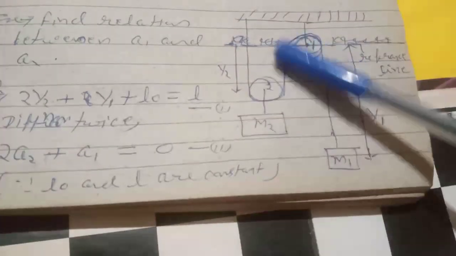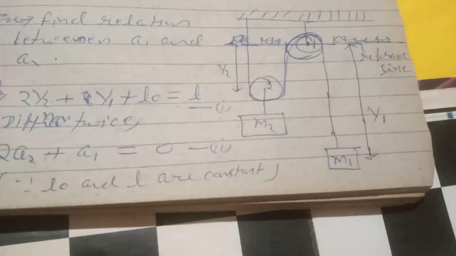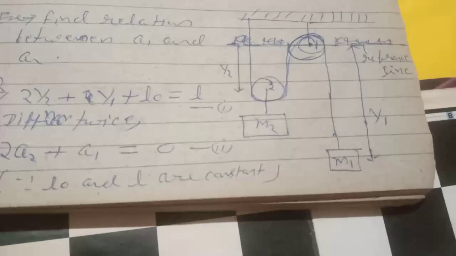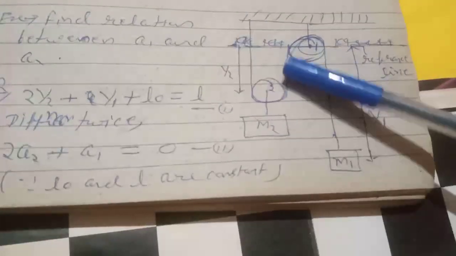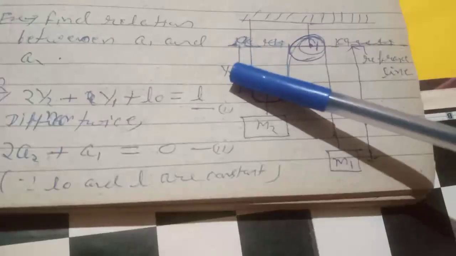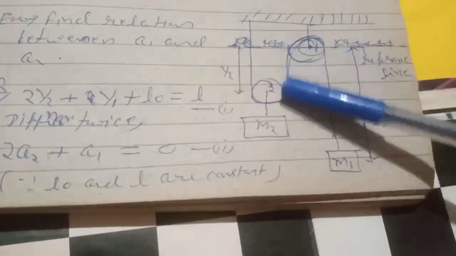So this distance will be y1. There is no need to calculate this because it is given y2. So we can write y2 plus y2 in this direction, because this distance is y2, then this will also be y2.